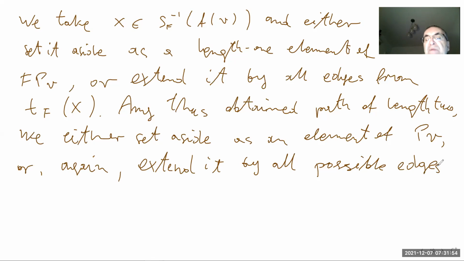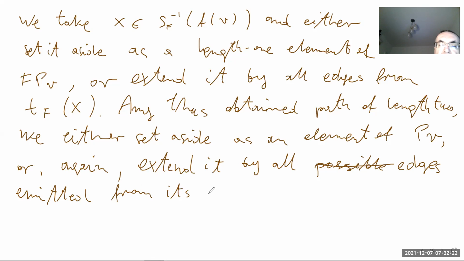Of course, by all possible edges, I mean all edges that end at the end of this path of length 2. So if you want, by all edges emitted from its end. Well, and I think yes, then we iterate this procedure until we obtain the set FPV.